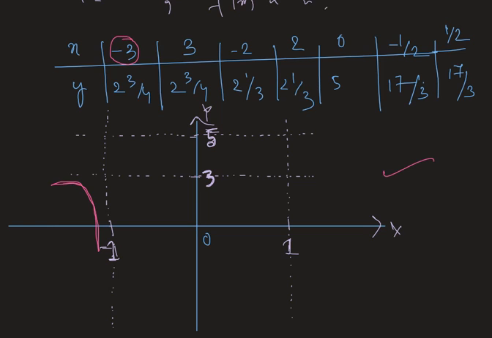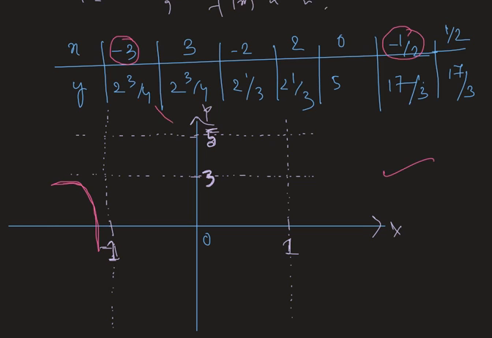Now, whenever the values of x are from minus 1 to less than 0, the slope is negative also. As you can see, when the value of x is greater than minus 1, like minus half, we have the value 17 divided by 3, which is greater than 5.